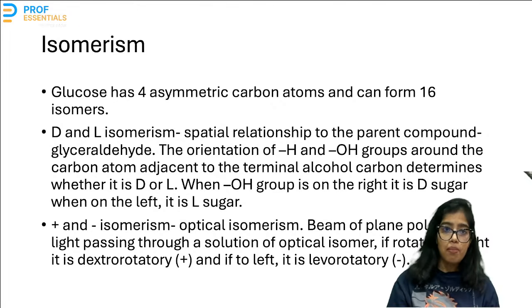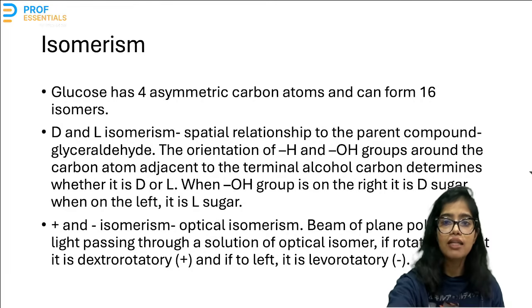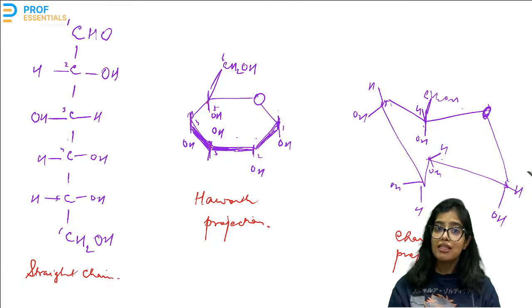Now the types of isomerism that glucose exhibits. Glucose has 4 asymmetric carbon atoms and therefore it can form 16 different types of isomers. How? This is one asymmetric carbon atom. This is one asymmetric carbon atom.